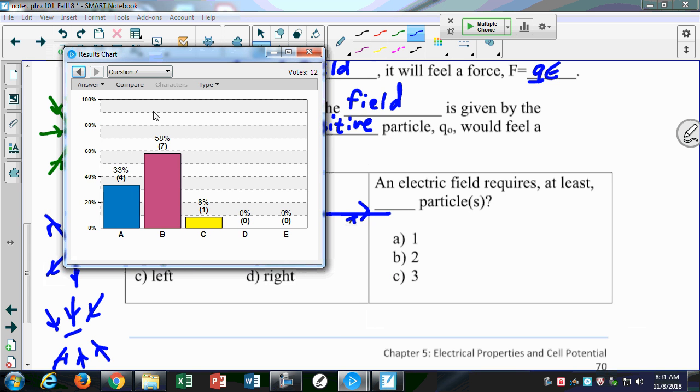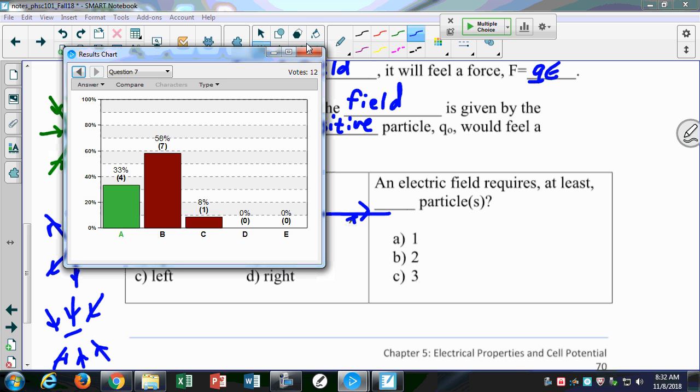Okay, no. The answer is A. So forces require two particles. But fields, remember we talked about how if we have two charges here, they feel either an attractive or repulsive force. But if I take away one of those charges, I still have to have a way to describe what would happen if I bring that charge back. And the field is our way to describe that.